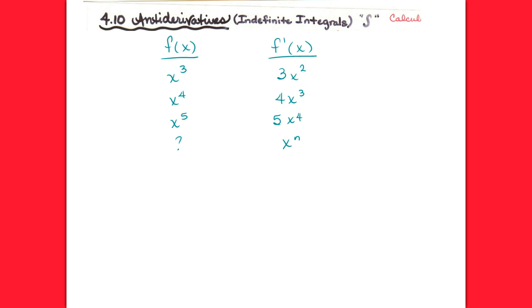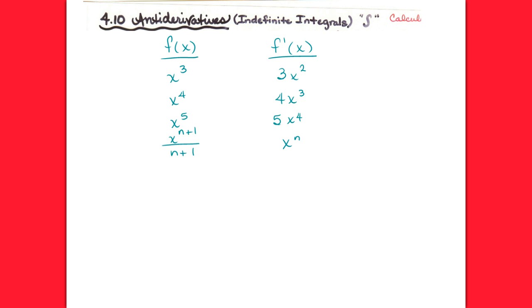So a definite integral is the same idea as a numeric derivative. An indefinite integral is the same idea as a symbolic derivative. I'm going to get an equation as my answer instead of just getting a specific number. And an indefinite integral in section 410 is what we're talking about with an antiderivative.